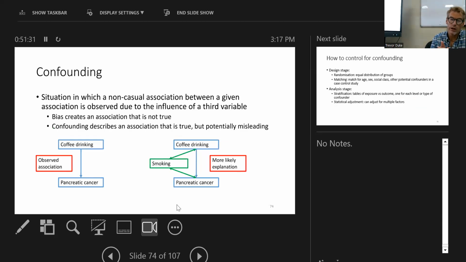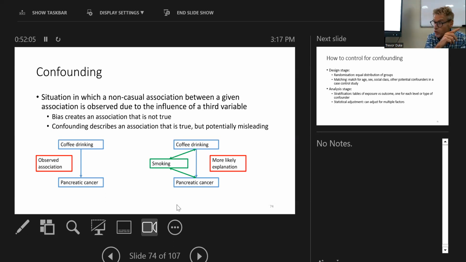Confounding is a little bit like bias. I think there's a good example here where some studies done many decades ago apparently showed that coffee drinking led to pancreatic cancer. This was published some decades ago, and it was an observed association. But when it was looked into more, it was found that those people who drank coffee were more likely to smoke in those days, right? If you drank coffee, you're more likely to smoke than if you, say, drank tea.